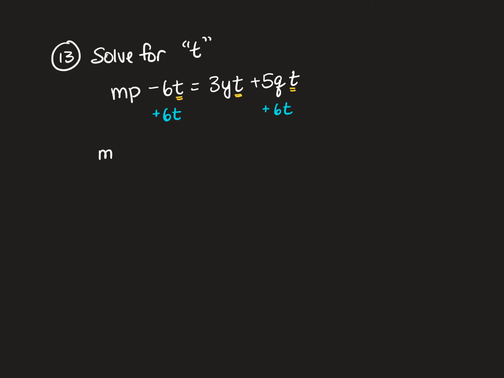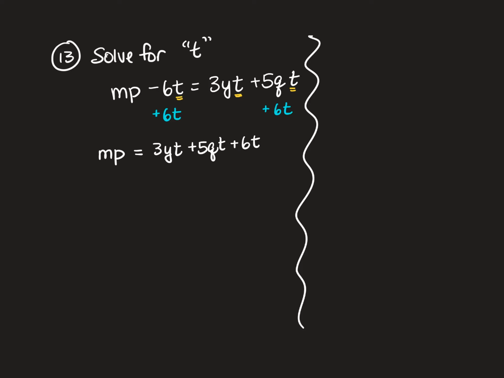So what I do then is I've got MP equals 3yt plus 5qt plus 6t. Now, guys, if we were solving an equation, let's say it looked like this, okay? So let me give you kind of an aside here. Let's say we had something like 10 equals 2x plus 5x minus 4x.